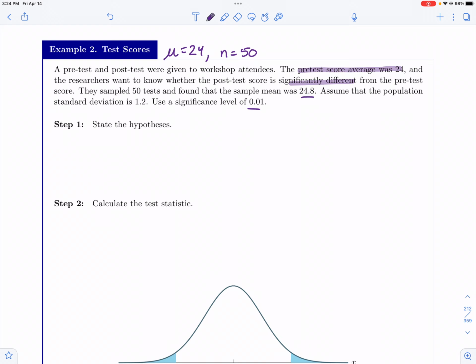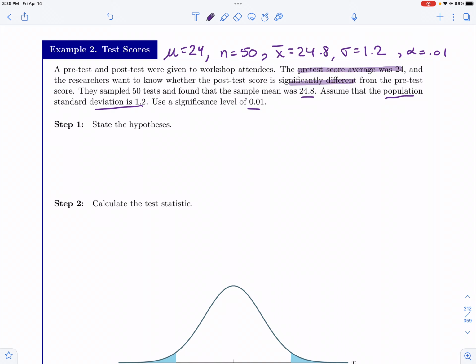Our sample mean was 24.8. And then our population standard deviation is 1.2. And notice with this one, they gave us the significance level of 0.01, so we actually know our alpha in this case as well.